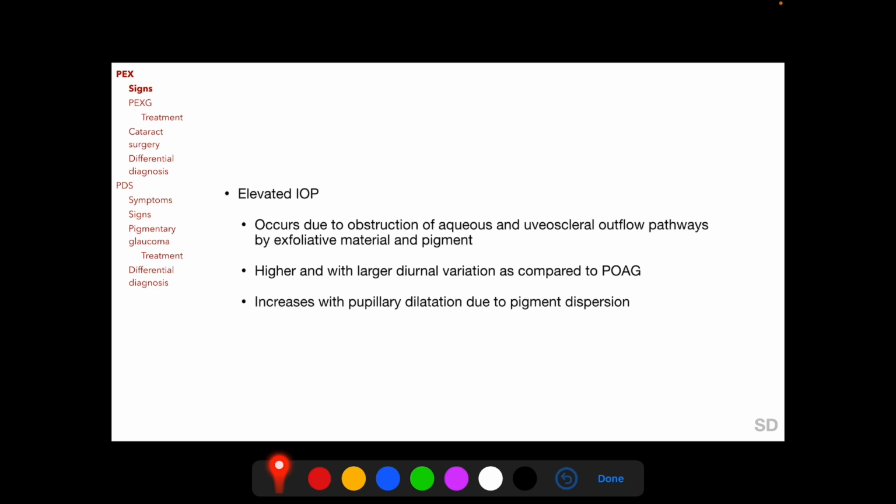And the intraocular pressure in pseudoexfoliation is found to be higher with larger diurnal fluctuations as compared to primary open-angle glaucoma. And the IOP is further elevated with pupillary dilatation due to significant pigment dispersion on dilatation of the pupil.